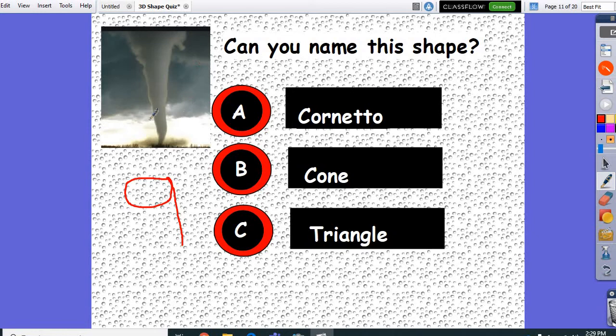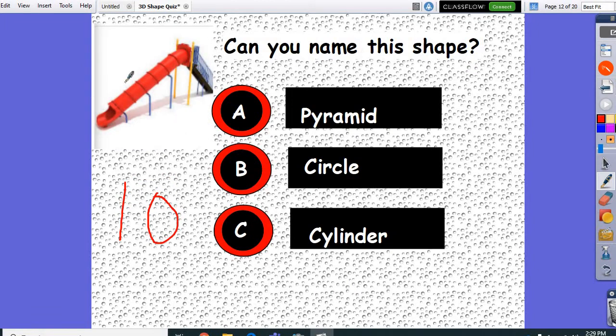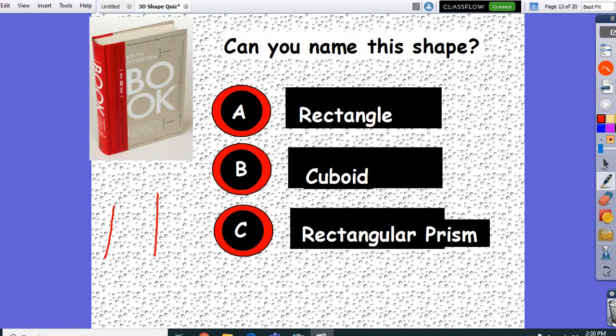What shape is a tornado? What about just this part of the slide? Just kind of think about the tube part of the slide. What shape is the tube? Ooh, what shape is a book?